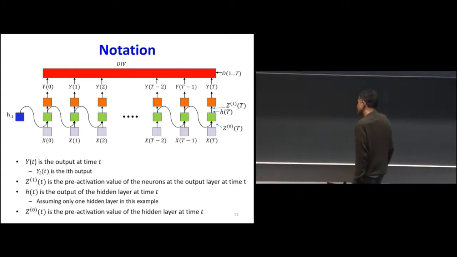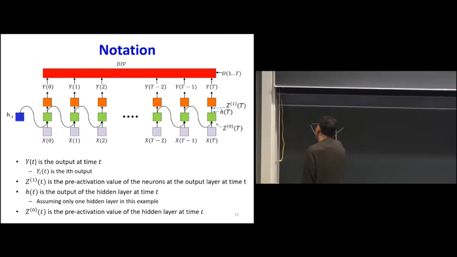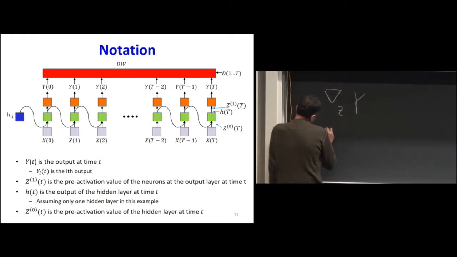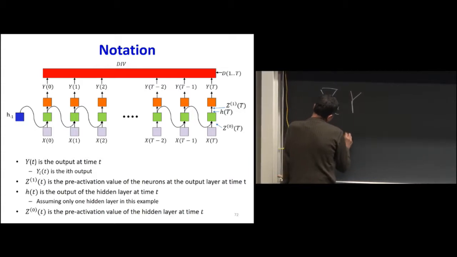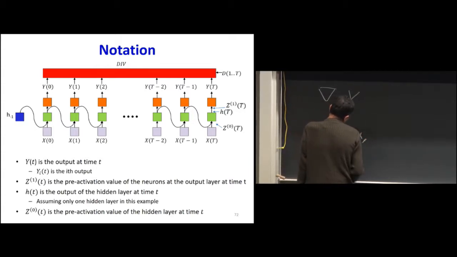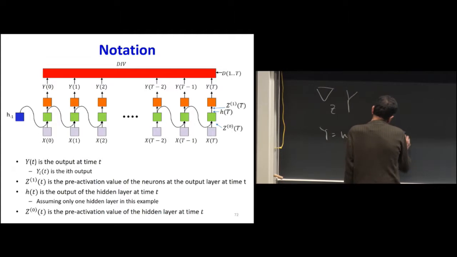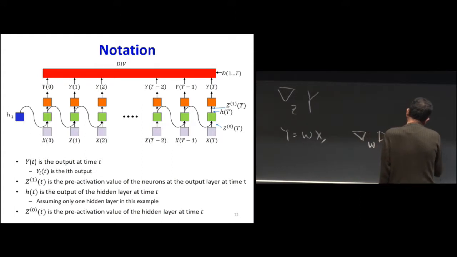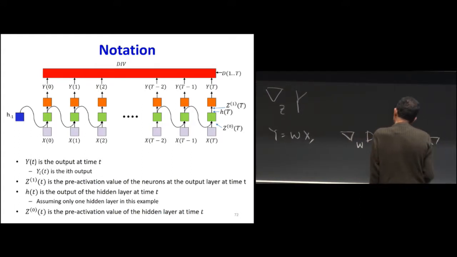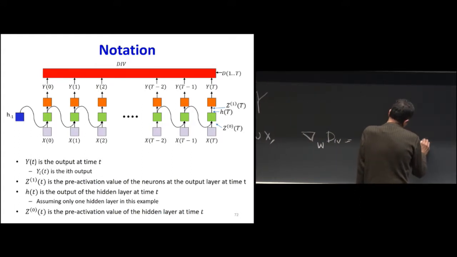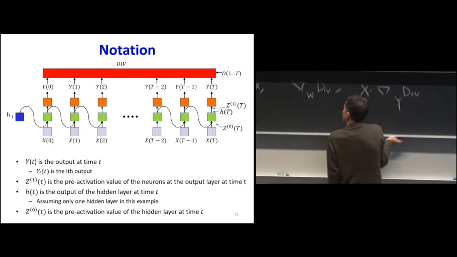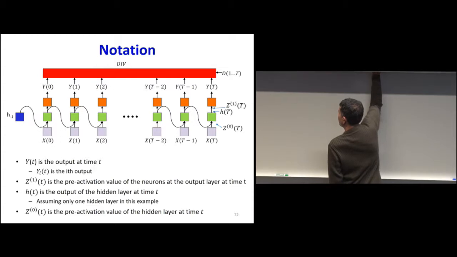The other one is that if you have y equals w times x, then the gradient of any divergence with respect to w is going to be x times the gradient of the divergence with respect to y. These two are rules that we've defined earlier, so let me hold these two up here.